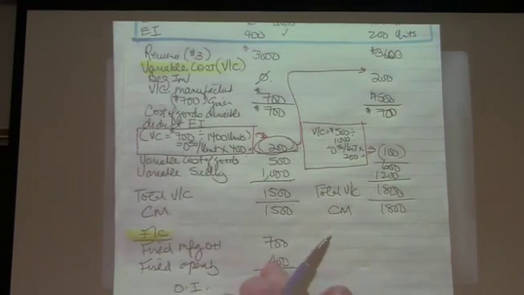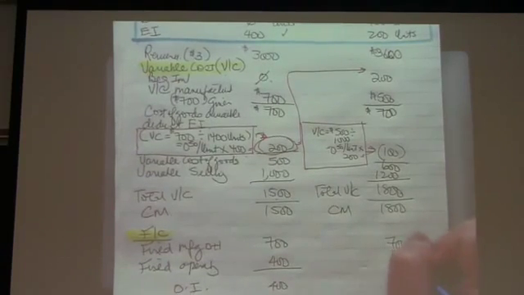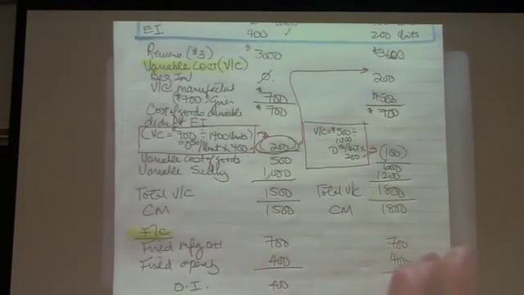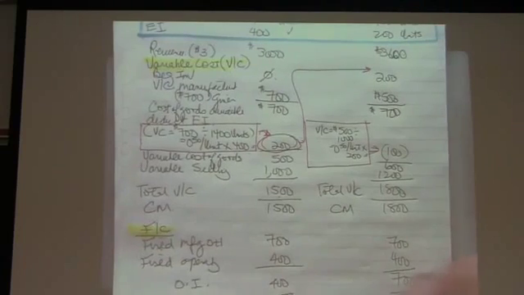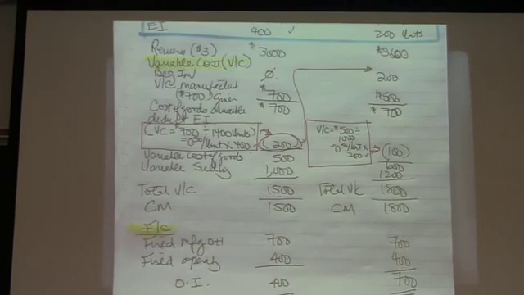Now, the fixed manufacturing and fixed operating is the same each year, to give us operating income of 700.